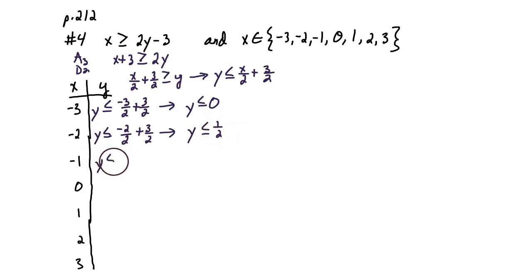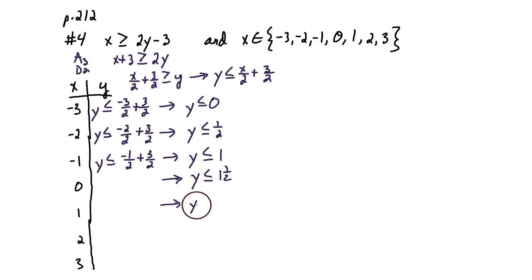Next row of the table, fill in -1 for x. This creates y is less than or equal to 1. I think I see how it's changing every row. It's adding a half. So this is 1.5. This one is 2. This one will be 2.5.